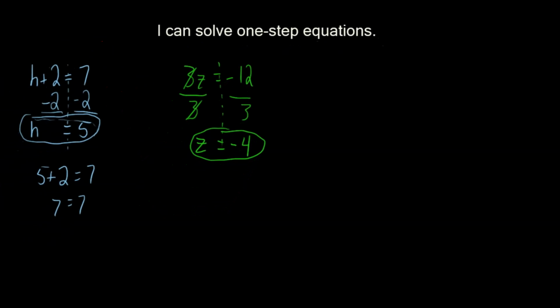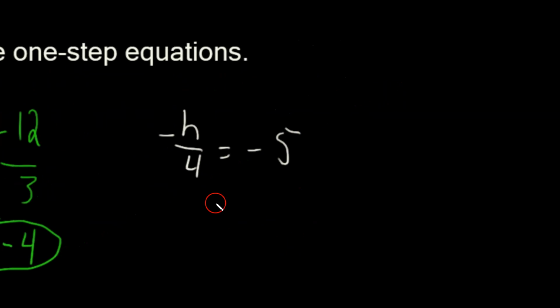Let's do a couple more here. So we got negative h over 4 equals negative 5. So again, this line right here, this just means division. It kind of looks like a fraction, but that's actually what a fraction is, division. So we need to undo this. So h is being divided by negative 4. So how do we undo dividing by negative 4?